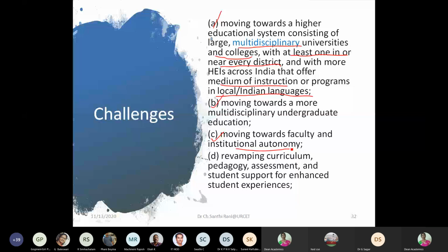It is another challenge. And revamping curriculum and pedagogy, assessment methods, and student support for enhanced student experiences. Being an autonomous institute, we know how to frame a new curriculum, right? But not only curriculum, the pedagogy, the assessment methods, and student support for all these learning experiences are going to be big challenges.